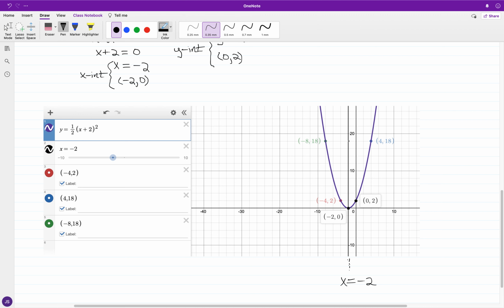You have 1, 2, 3 square sections to the right, all in all 6 spaces to the right, and 1, 2, 3 square sections to the left, all in all 6 spaces to the left. So -8 is 6 to the left of -2, and 4 is 6 spaces to the right. So you have, again, symmetry throughout from top to bottom.